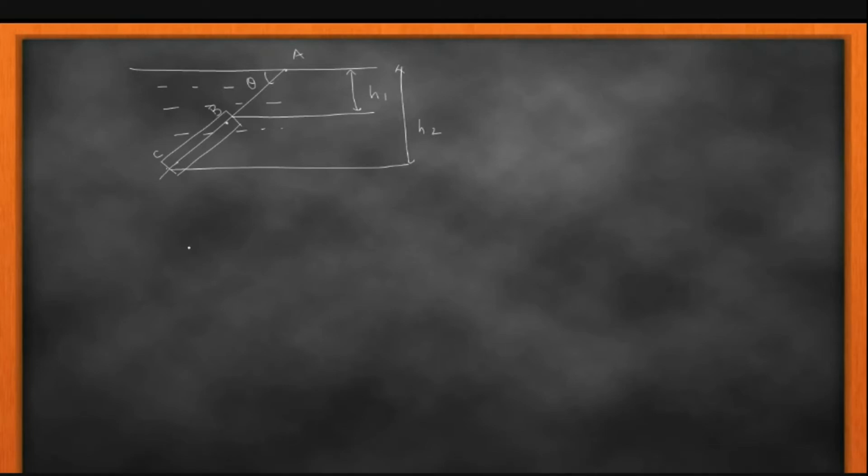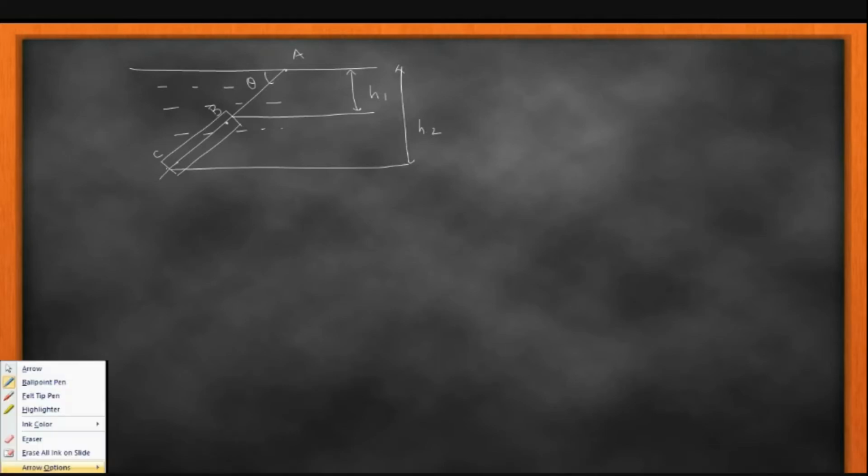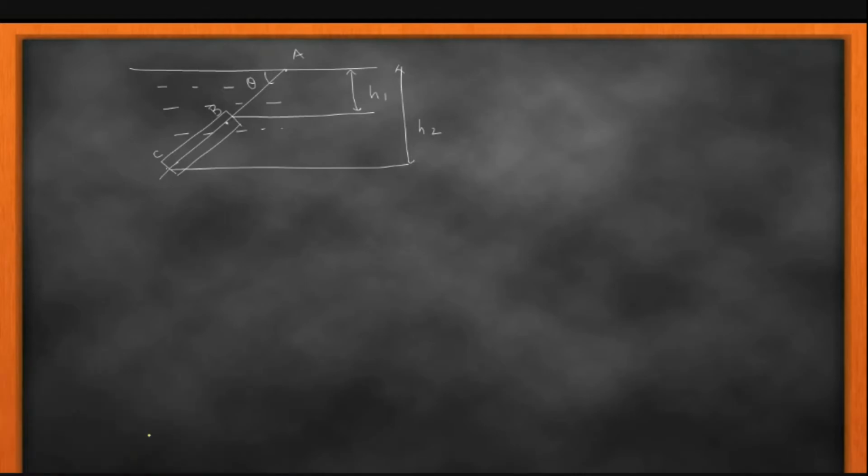We know that the intensity of the pressure at a point at depth h is rho g h, which acts in the perpendicular direction. So the intensity is rho g h1 here, and here it is rho g h2.